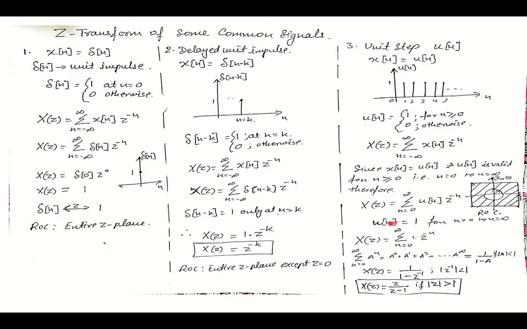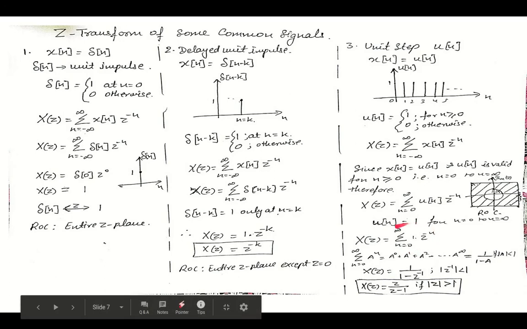Now if I see this summation, it somehow resembles the infinite GP. For the infinite GP, I have the relationship that sigma n equal to 0 to infinity a to the power n, which is a to the power 0 plus a to the power 1 plus a to the power 2 till infinity, will be equal to 1 upon 1 minus a if mod a is less than 1.